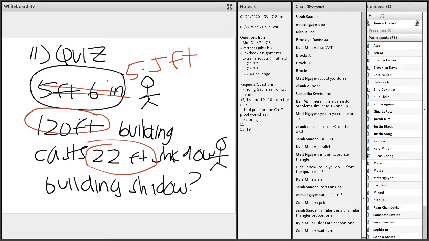So I already saw a lot of feet, so I just changed this to 5.5 feet. If it's 5 feet and 9 inches, that will be 5.75. If it's 5 feet and 3 inches, that will be 5.25. Or just convert everything to inches, and you could reconvert back to feet after. Okay, so 5.5, 120, and then 22.